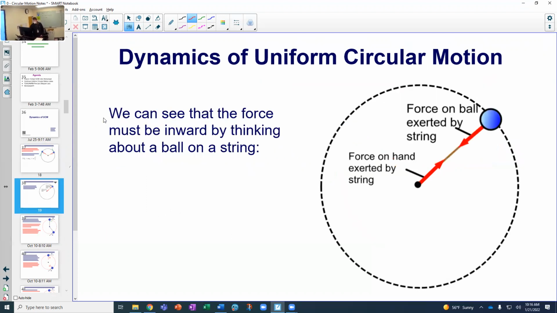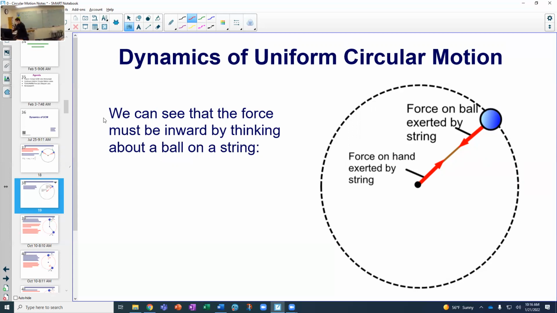All right. Now we're going to think through a scenario to make sure we're understanding all the underlying nuances here. It says we can see that the force must be inward by thinking about a ball on a string, or like you'll be doing in lab, and we'll talk about that later this period, the stopper on a string. So if this was a ball instead of a stopper, same kind of idea. We're just swinging it in a circle.